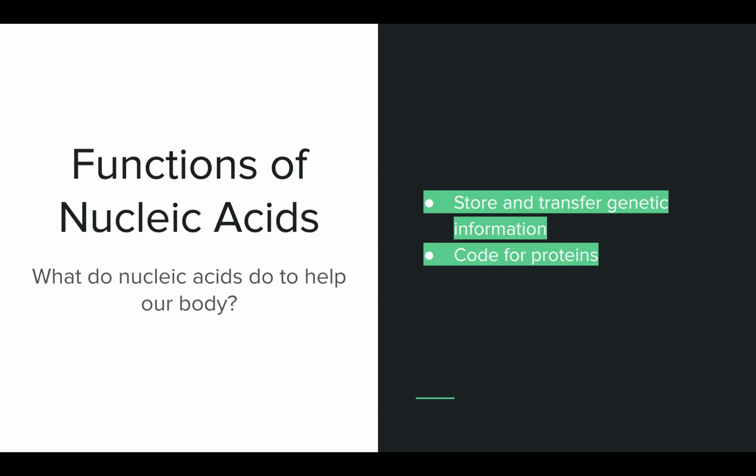This could be something like having blonde hair versus brown hair, being short versus being tall, being a brown-eyed person versus a blue-eyed person, being a very coordinated, excellent athlete versus being a very clumsy, unathletic person. All of those things are based on nucleic acids.